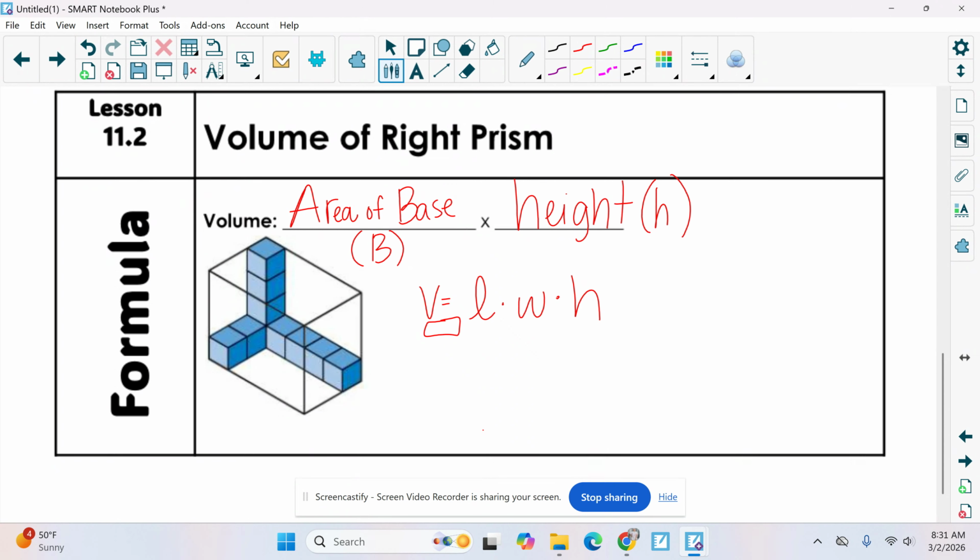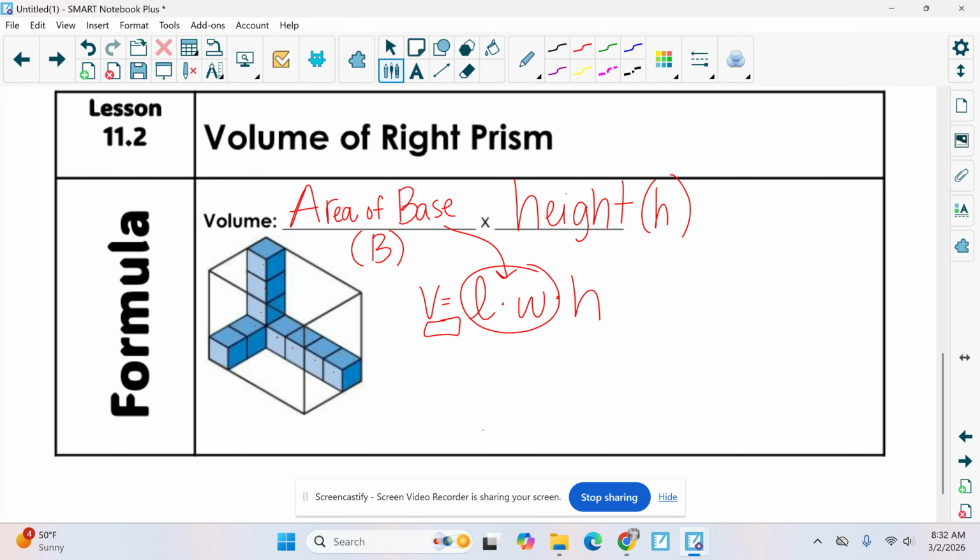The area of the base that you are used to is this length times width part, right? Because if you look at this base down here, it's got a length of 1, 2, 3, 4, 5 by 1, 2, 3. Length times width is 3 by 5, which would be 15, times a height of 1, 2, 3, 4. 60.